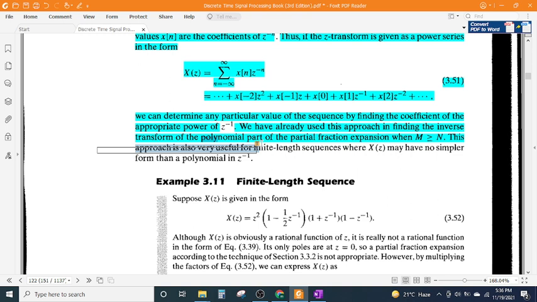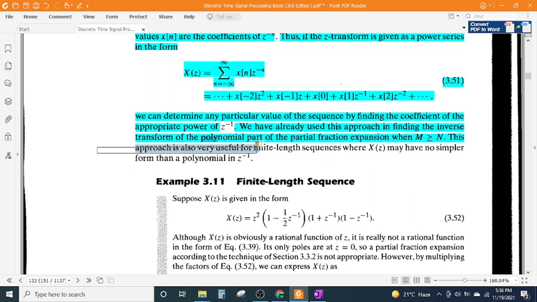Section 3.3, the inverse Z-transform. In finding Z-transforms of a sequence, we generally seek to sum the power series of Eq. 3.51 to obtain a simpler mathematical expression, for example a rational function. If we wish to use the power series to find the sequence corresponding to a given X(z) expressed in closed form, we must expand X(z) back into a power series.